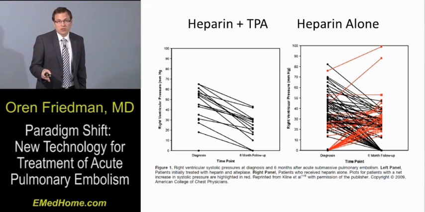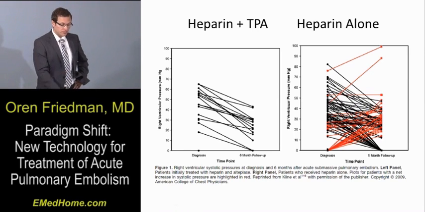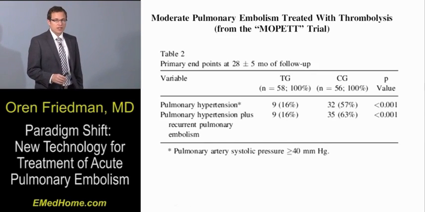The reason for this isn't totally clear, but it's possible that once you develop a clot, you may set off a cascade of all types of bad, untoward vascular complications in the pulmonary system: vasoconstriction, clot upon clot. And in some patients who don't resolve that clot on their own with anticoagulation, they may then go on to develop persistent pulmonary hypertension.